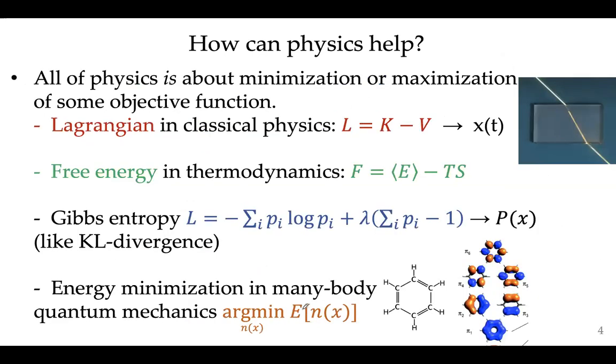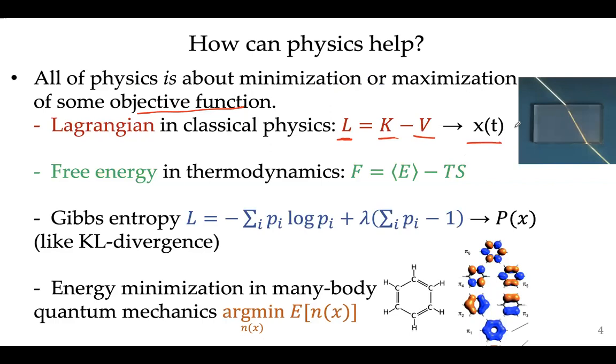All of physics is actually about minimization or maximization of some objective function. For example, let's start with classical physics. In classical physics, the objective function is basically the Lagrangian, kinetic energy minus potential energy. When you minimize the Lagrangian, it gives you the equation of motion for the particle or the wave.